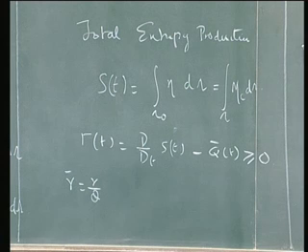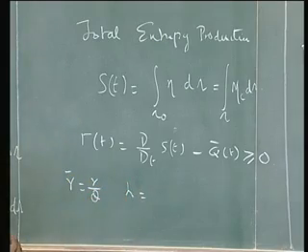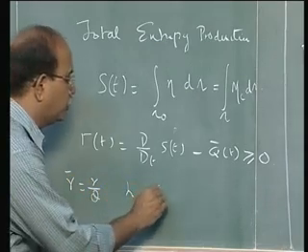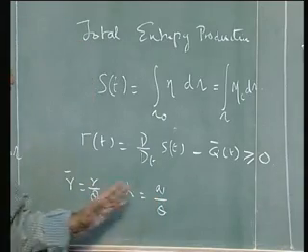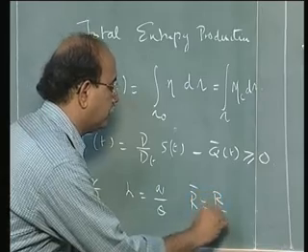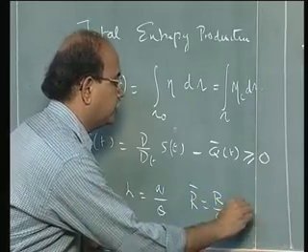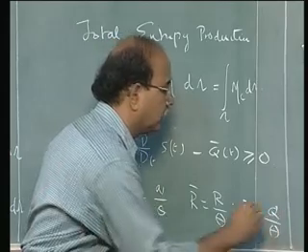Or in other words, one minute, let me finish this, H is equal to Q by theta. And the same thing can be applied also for R bar equal to R by theta, and H bar equal to Q by theta.